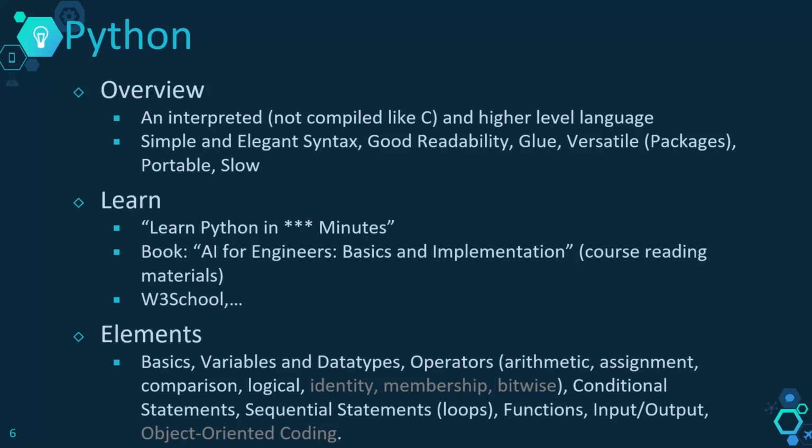The first thing that we need to know is that it's an interpreted language instead of a compiled language. There's a big difference. I'm not sure if you have worked with languages like C or Fortran before. The way that they work is that you write your code, right? Then you compile the code into something that the computer can recognize, and the computer will execute the commands in that way.